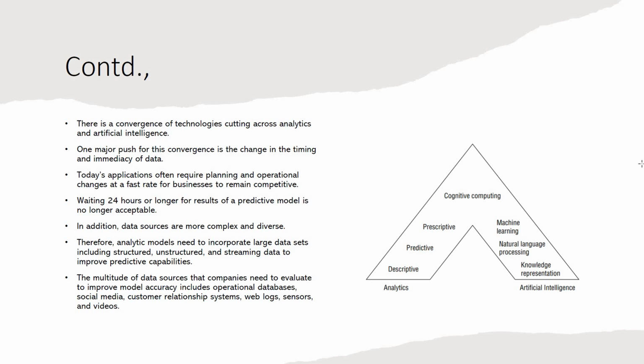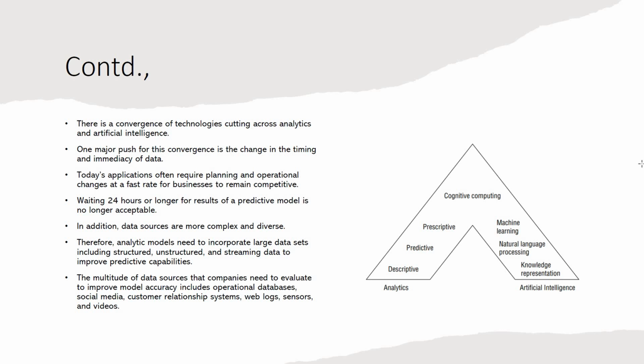There is a major push for this convergence in the market, and we are all working towards it. Multiple applications that you are working on today definitely require extraordinary planning and operational changes at a fast rate for the business to remain competitive and to sustain. You cannot wait for 24 hours or longer to get the result of a model running. You have to be really fast. Also, the data sources are becoming much more complex and much more diverse.